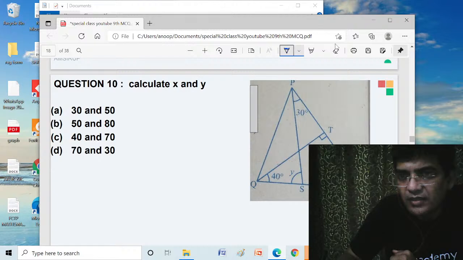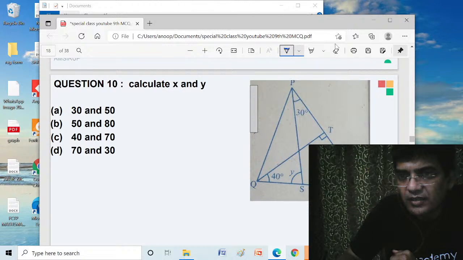Okay, so x I have calculated as 50. Now I need to calculate y. Now look carefully for y. I am highlighting this triangle. For this triangle which I have shaded, you can see y is an exterior angle, isn't it?